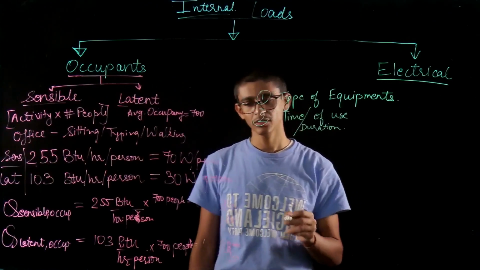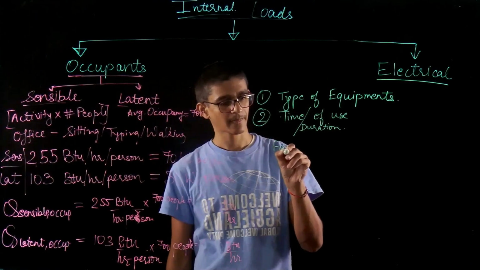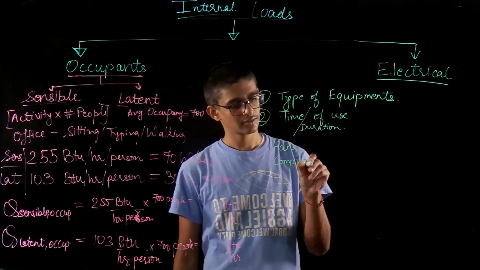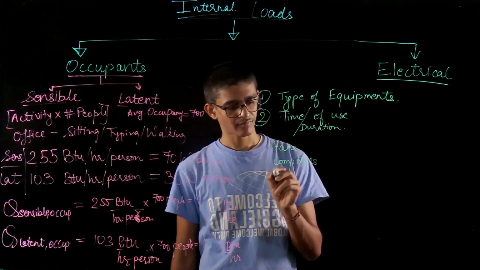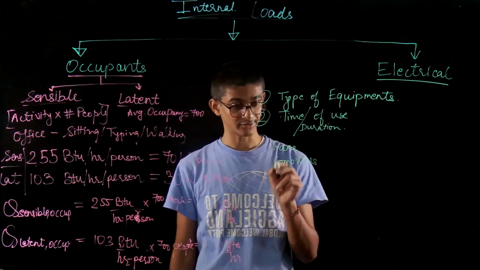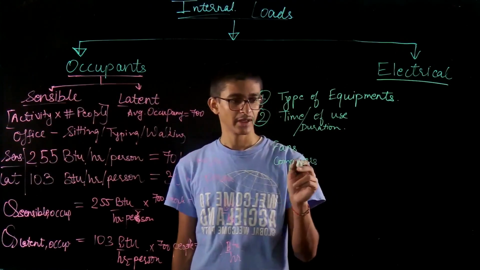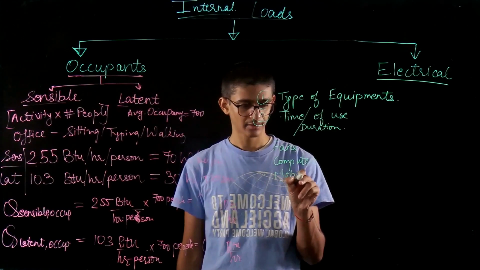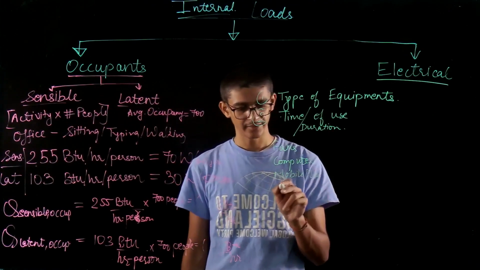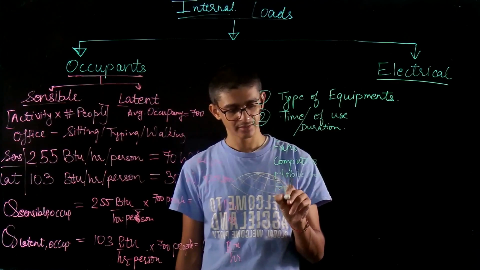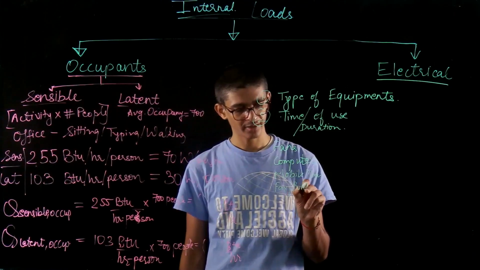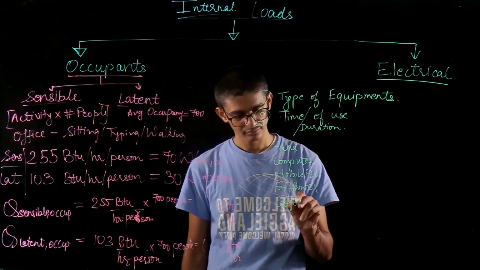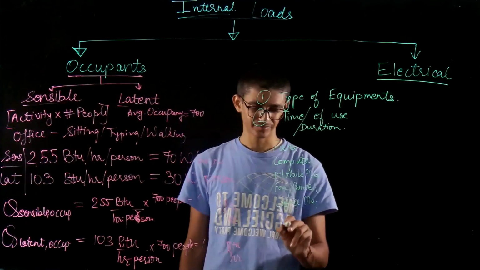So let's say we have fans, computers, and maybe the exhaust fan will also come into account. Then we have mobile phone chargers, fax printers, copiers, coffee machines, and all.